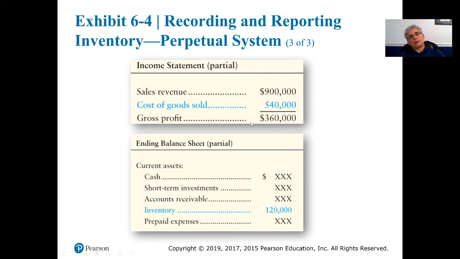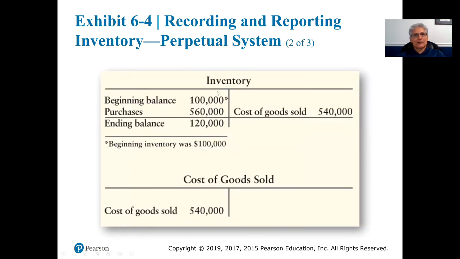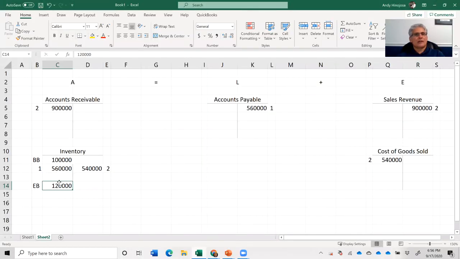So your gross profit is going to be 360, the difference between sales and the cost of goods sold. The ending balance on the balance sheet is going to show inventory at $120,000, which is what you're seeing here as the ending inventory balance, and it's also what we showed here on the spreadsheet that I put together for you.